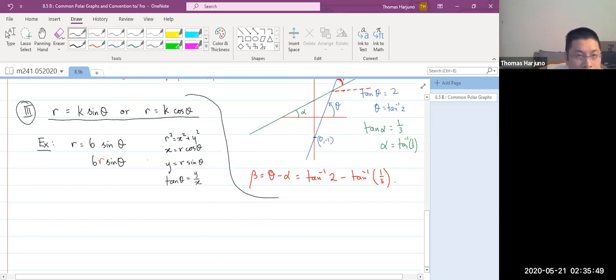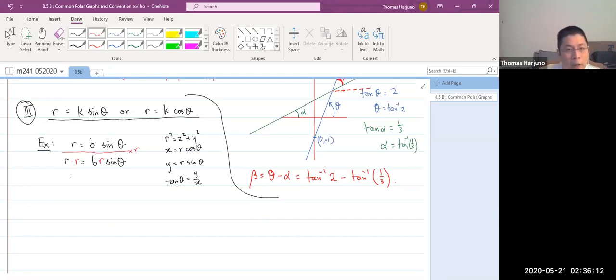If I have r there, it will become r sine theta, which is y. And imagine on the left-hand side, I multiply by another r. So basically from the original equation, I multiply both sides by r. I'm not squaring it. I multiply by r, such that I have r squared equals 6r sine theta.